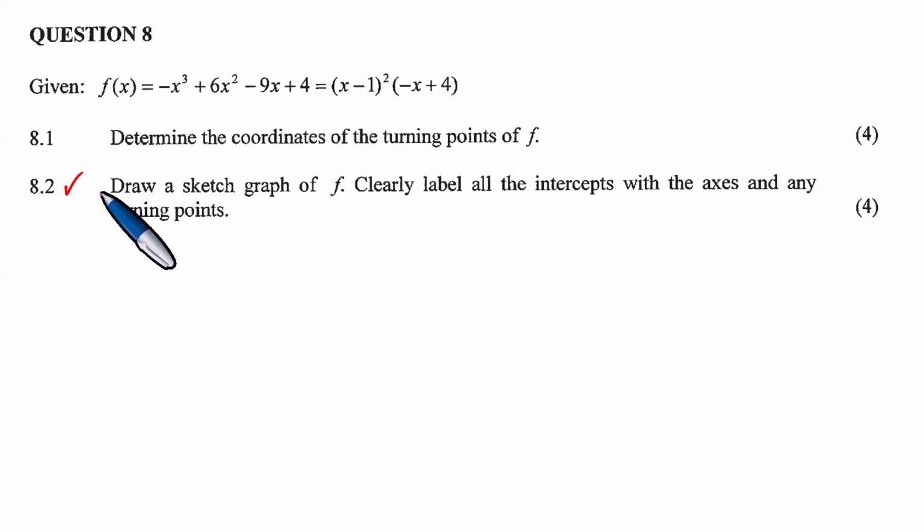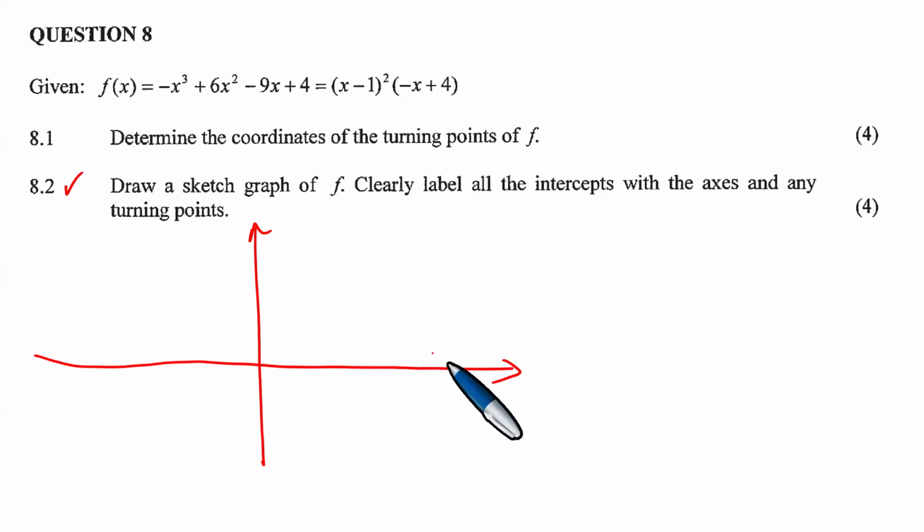Now, at this point, to draw a sketch graph of this, we proceed as follows. Let's just sketch very, very easily. Right, so we know this is a y-axis and this remains our x-axis. The x-intercept will occur, with something we did not quite do, but we can state the x-intercept.